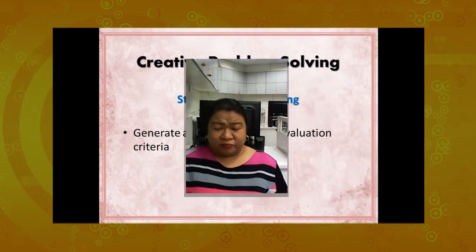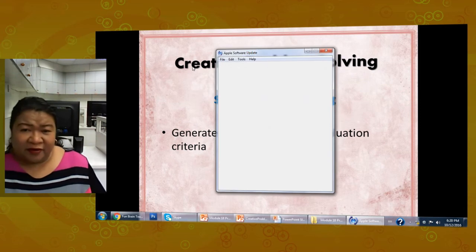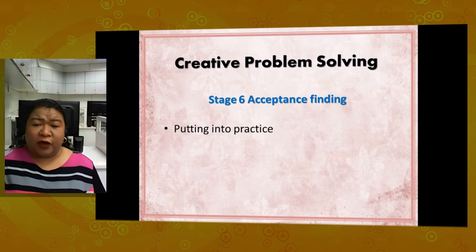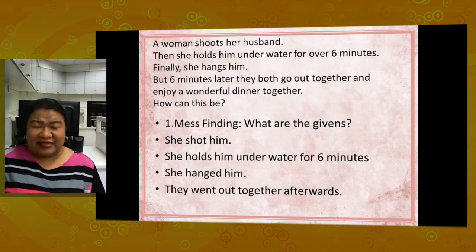And then stage six would now be acceptance finding. You now put into practice the solution that you have put forward. Okay, so let's see this.